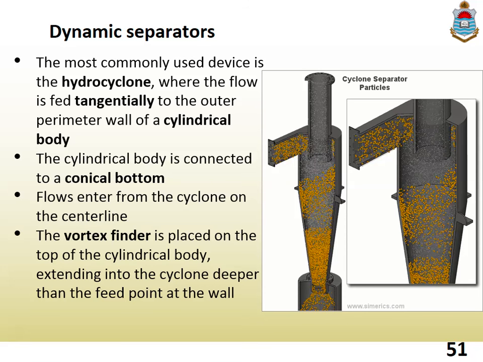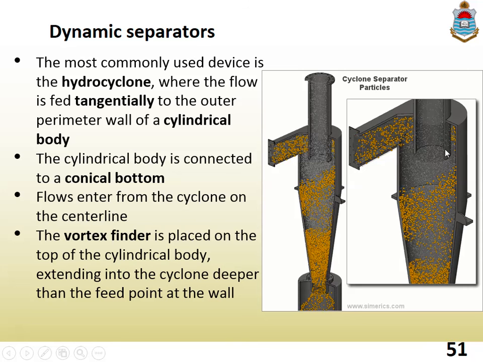The vortex finder, this is the vortex finder, which is placed on the top of the body and extended deep into the cyclone, even lower than the feed point. This is the feed point, and this is even somewhat lower into the body than the feed point. This is vortex finder.